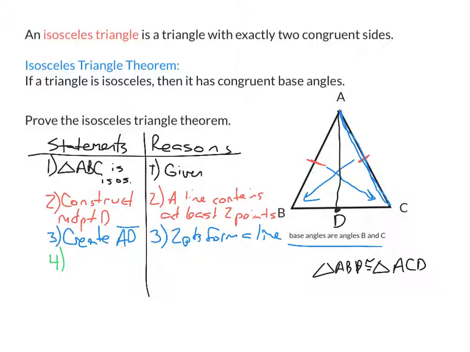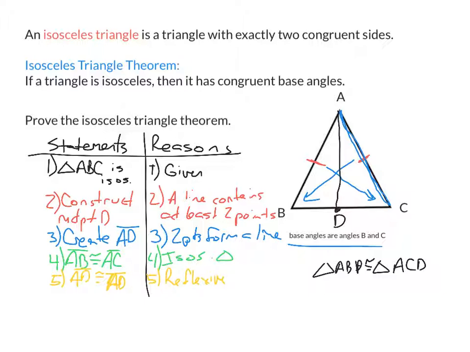So starting with number 4. Well, the easy one, we know that AB is congruent to AC by reason of, well, it's an isosceles triangle, and we know we had to have two sides congruent. Another easy one to see in number 5 is that AD has to be congruent to itself, AD, because everything's congruent to itself by the reflexive property.